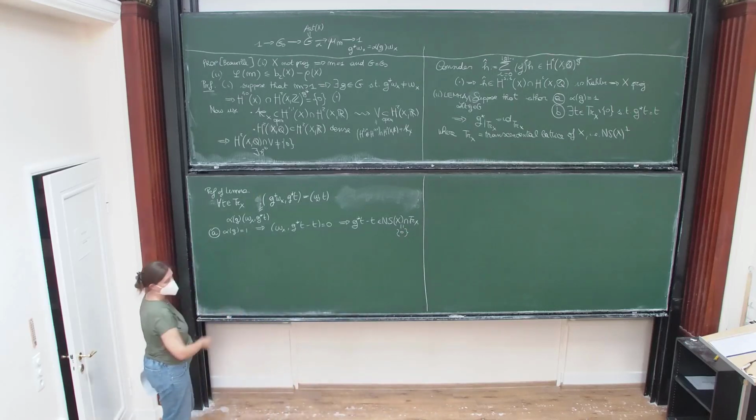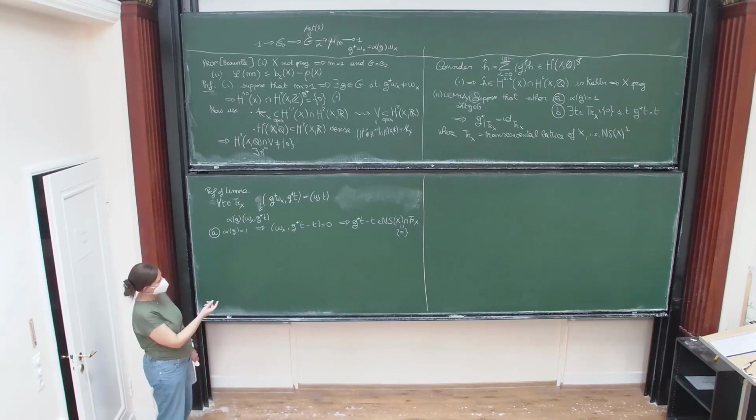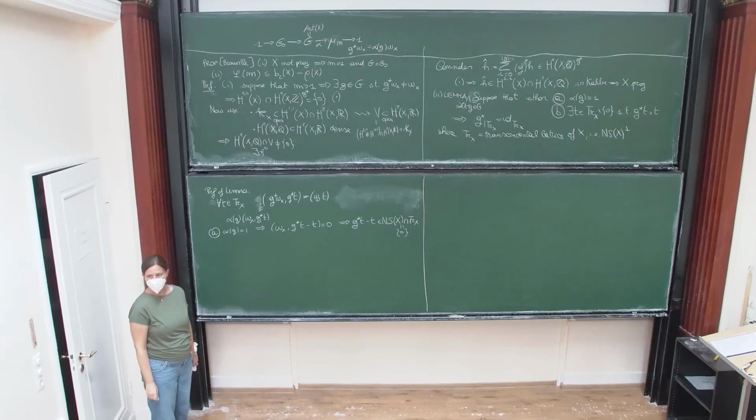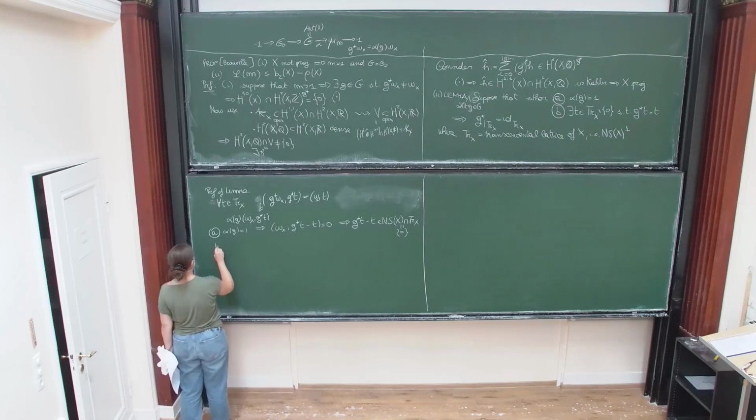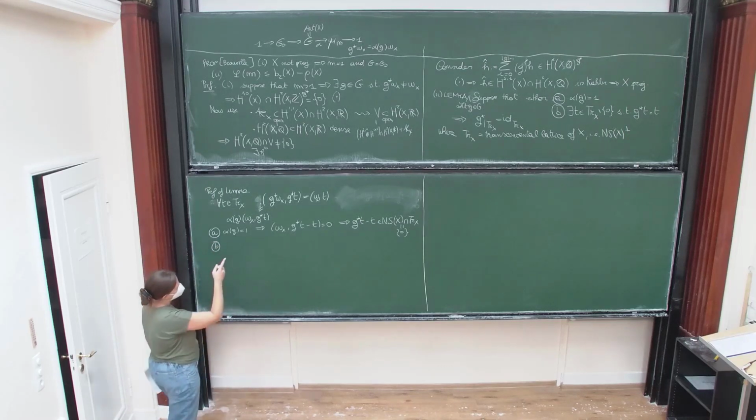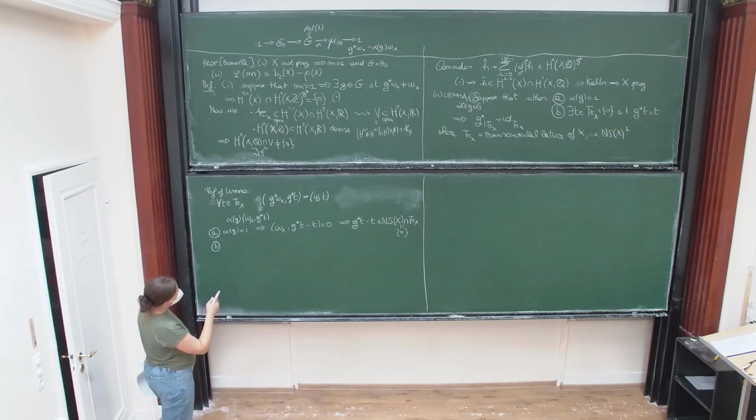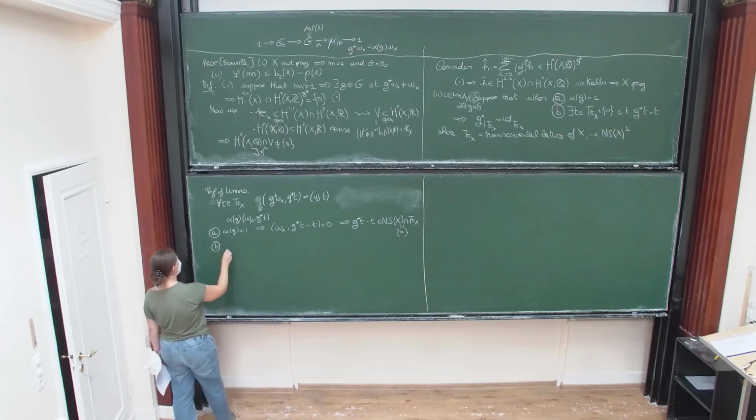This is true for any class in the transcendental, so we get the identity on the transcendental. So that's the first assumption. In the second case, consider the equality.